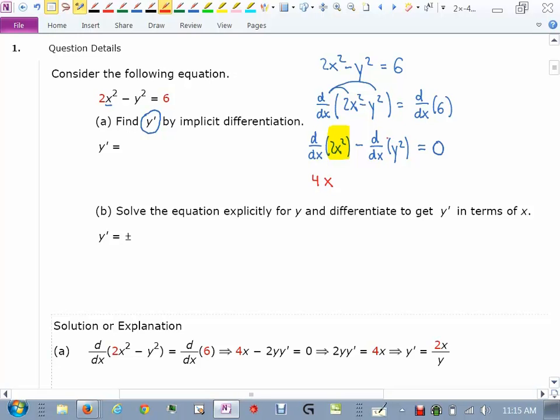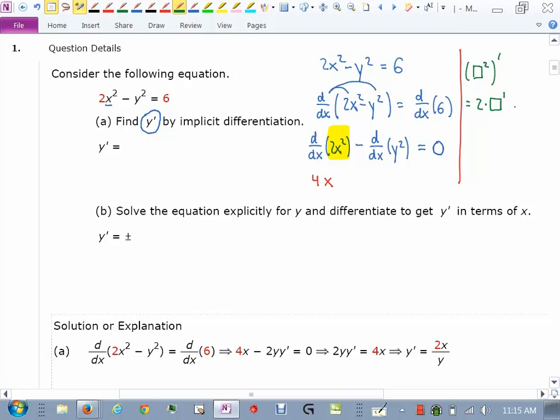Now on the other one, we're trying to take the derivative with respect to x of y squared. So what we want to do is pay attention to the chain rule. Let's say I have something squared, and I want to take the derivative of it. The derivative will be equal to 2 times whatever that something was to the first power.